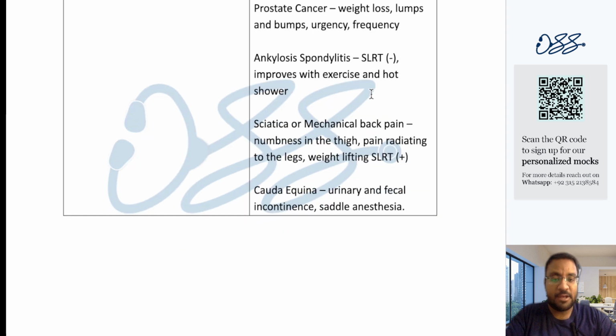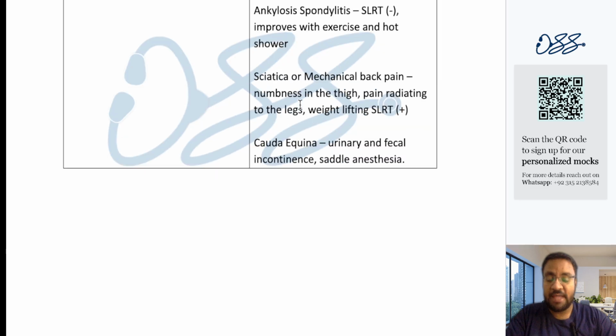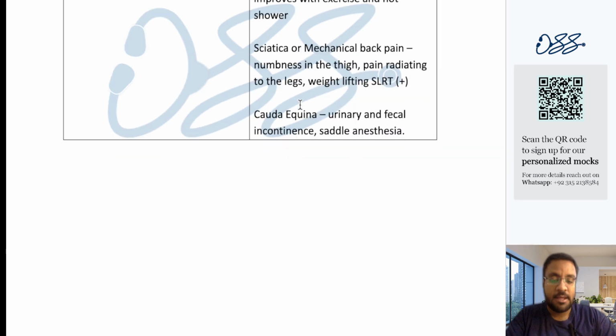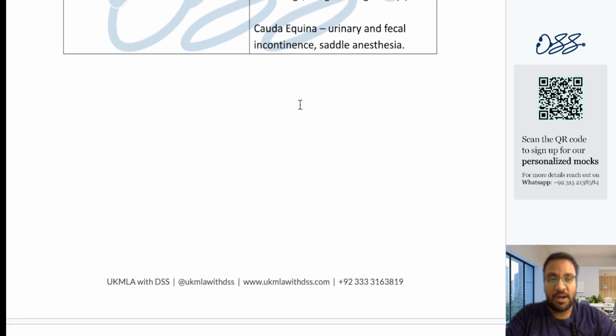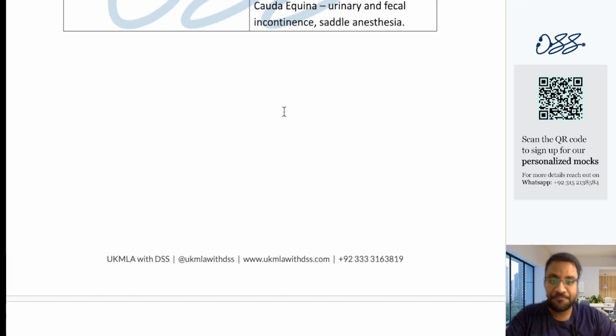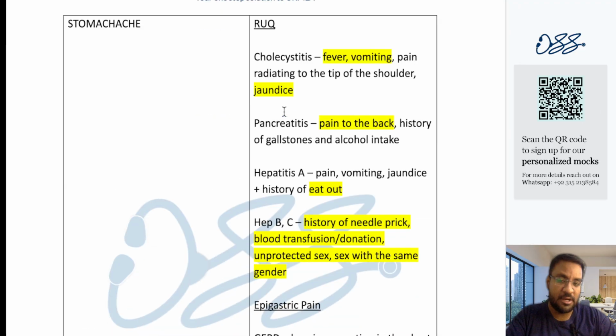Ankylosing spondylitis improves with exercise and hot shower, so the aggravating and relieving factors would be there. Sciatica: the pain would be associated with numbness in thighs as well. Cauda equina: urinary incontinence, saddle anesthesia. Are you able to feel any sensation on your buttocks? So these are the questions that you're going to ask.